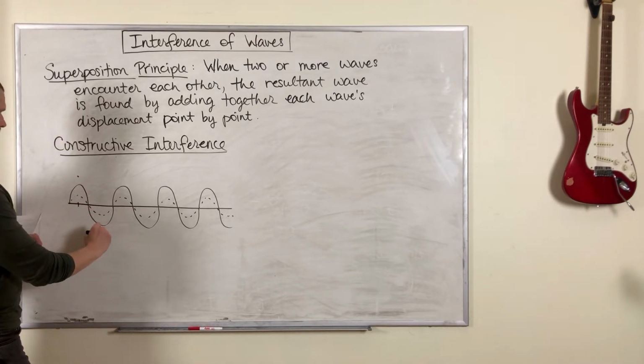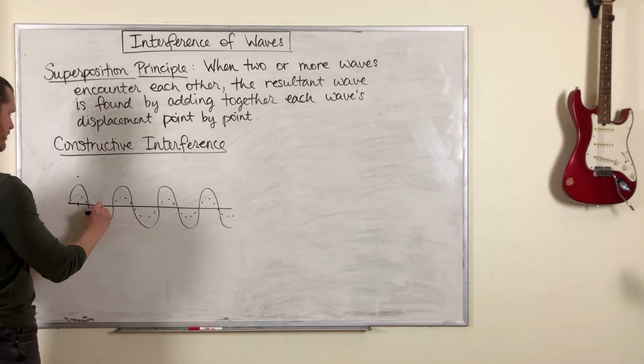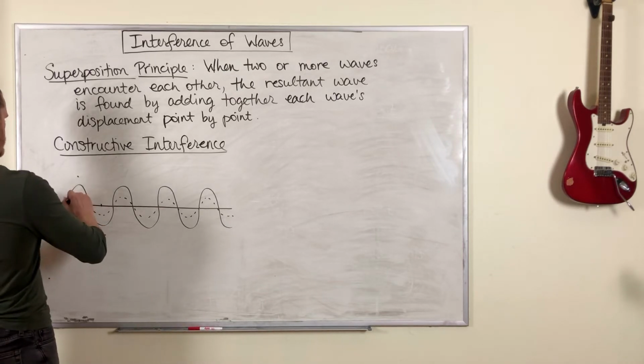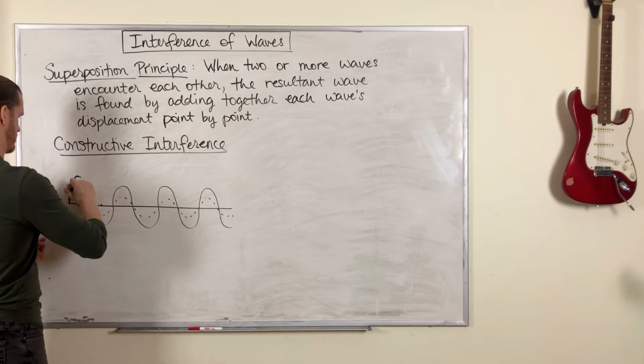And if you do that at every point, for instance, this one, you take this amplitude and add that amplitude and you get a point here. You get a combination. I'll try to draw this so it looks a little different. Draw a thicker line.